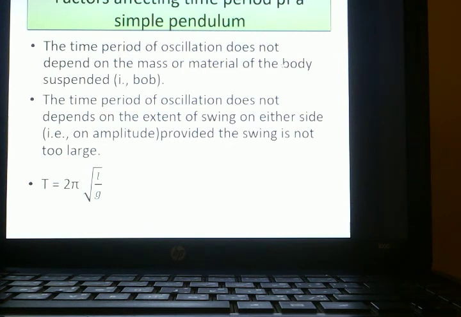The time period of oscillation does not depend on the mass and the material of the body suspended. So it doesn't depend upon how heavy the mass is, or how heavy the person sitting on the swing is. The time period also does not depend on the extent of swinging on either side, provided the swing is not too large.